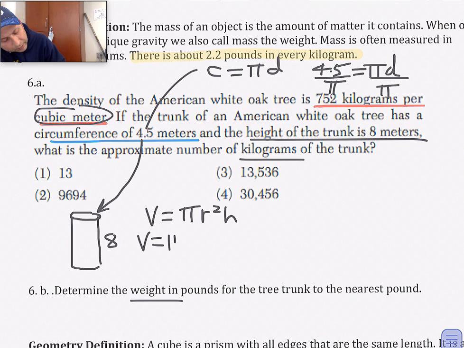So we get volume is pi times 0.716 squared times the height, which is 8. So typing that all into the calculator, squaring that radius, multiplying it by pi, and multiplying it by 8, we get that the volume is about 13.